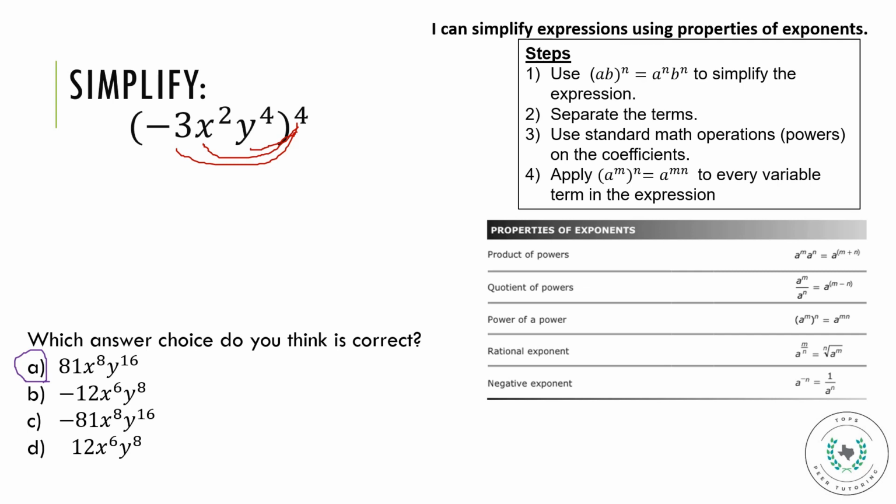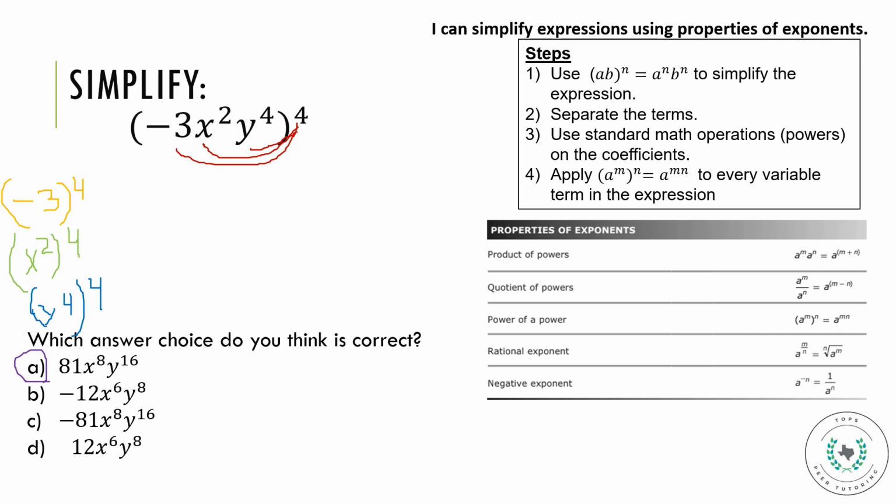So we have -3 to the power of 4, x squared to the power of 4, and y to the power of 4 and then to the power of 4.